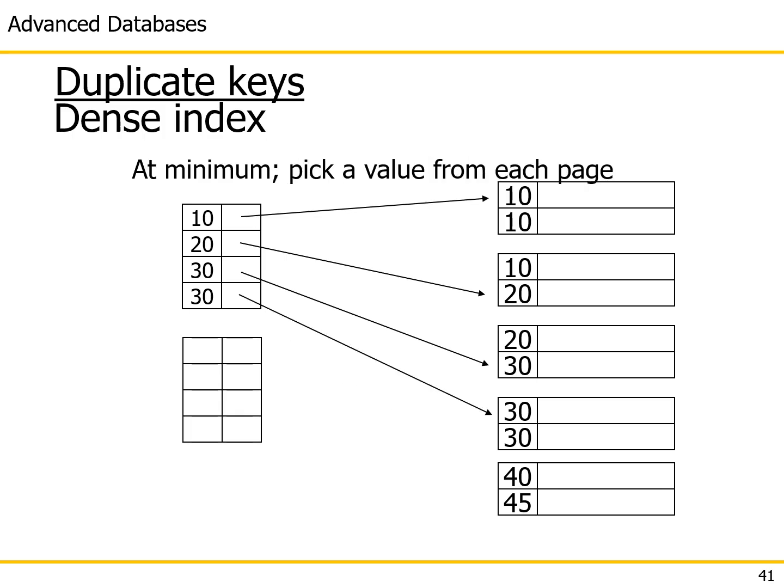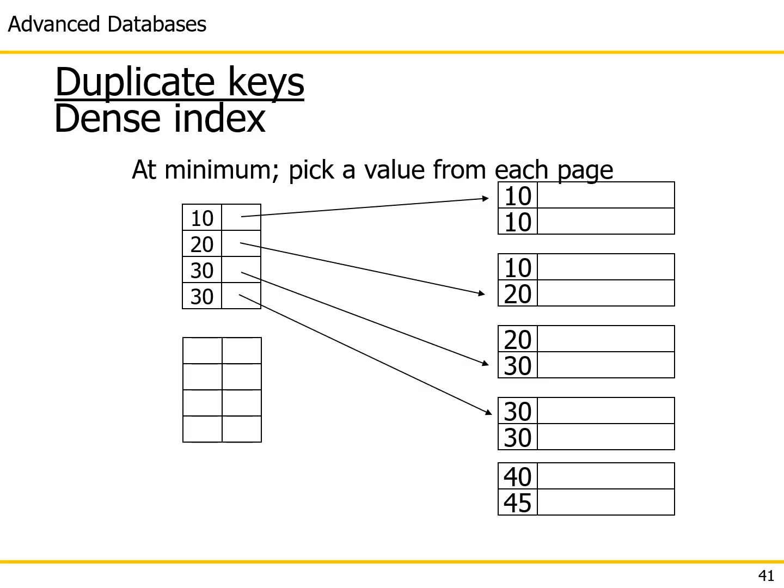So, to fix this, we're going to set a special rule that, yes, I'm going to point to the first entry that appears for every value, but I also want to make sure that I am pointing to a value in every page. So in this case, my primary density that I was trying to optimize will have a little bit more values, will have some duplicate values, because if the duplicates are spanning pages, like in the case of the 30, I have to point to an entry there to get access to that page.